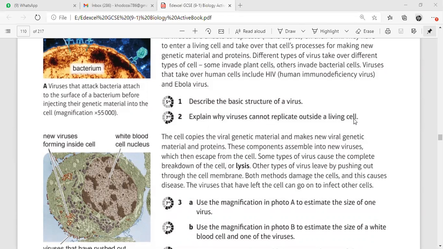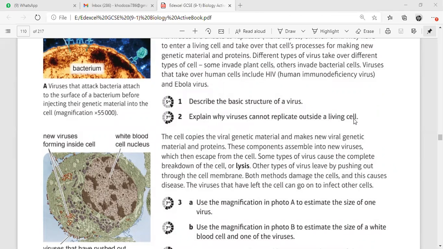The reason is that viruses are non-living particles. They lack the main cell structure, the machinery. So once they enter a living cell, any living cell, they start to take over the machinery of the cell.